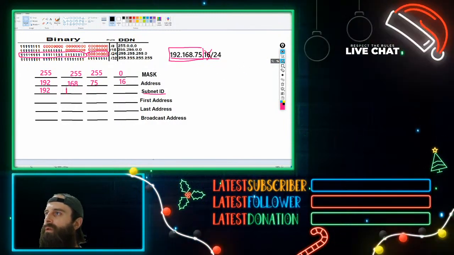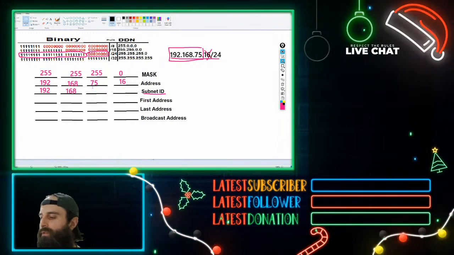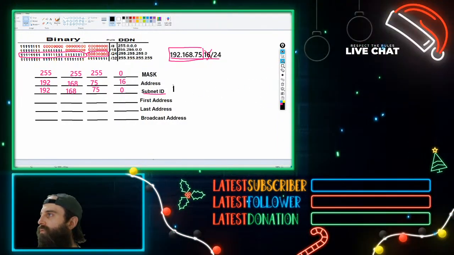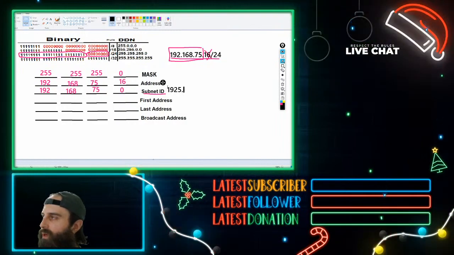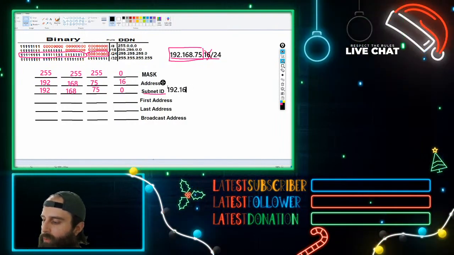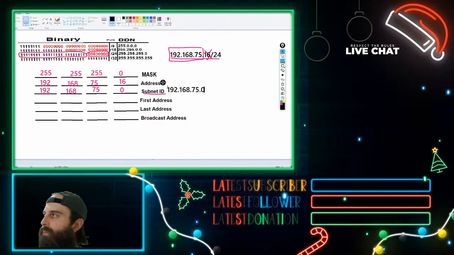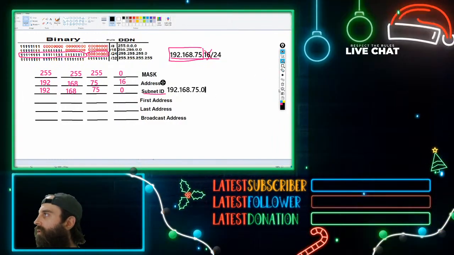So 168, 75, and 0. Our subnet ID for 192.168.75.16 is 192.168.75.0. Very good.